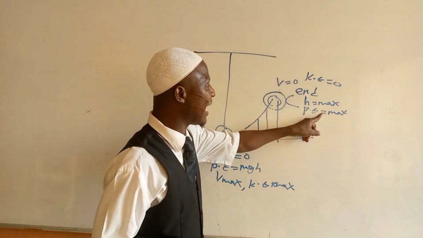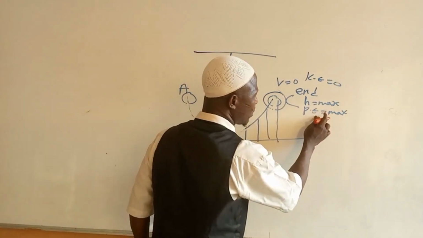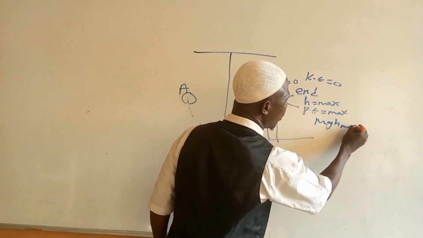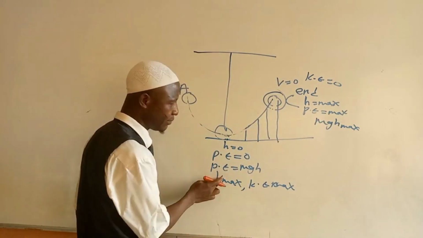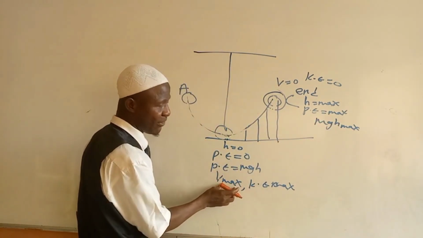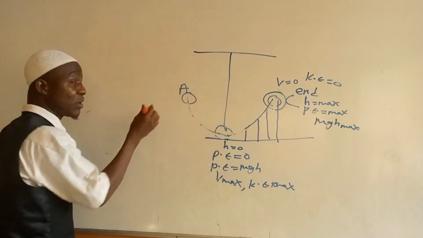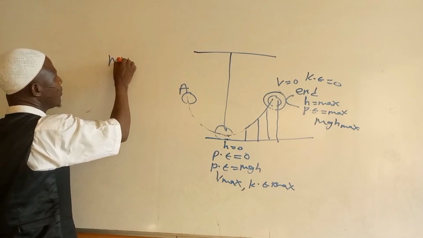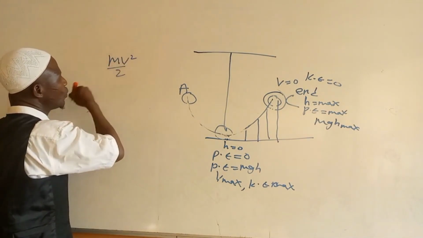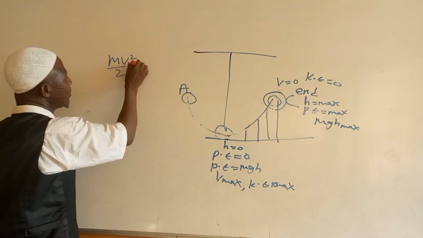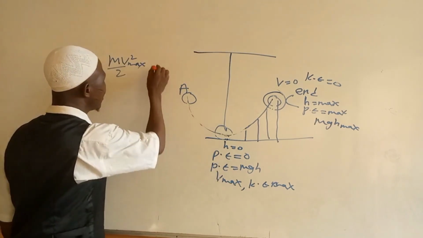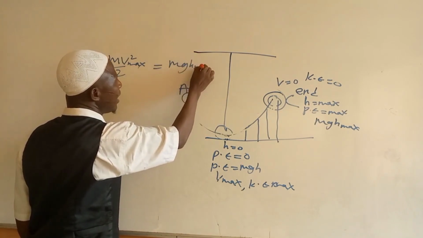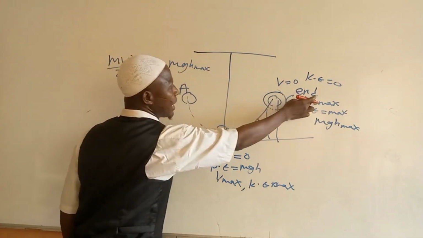Therefore, the potential energy here at maximum, mgh where h is maximum, is equal to the kinetic energy here, where velocity is maximum. So we can now conclude like this: mv squared over 2, where velocity is maximum, is equal to mgh, where height is maximum.